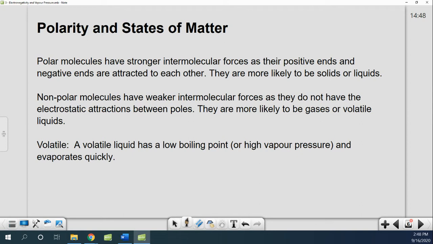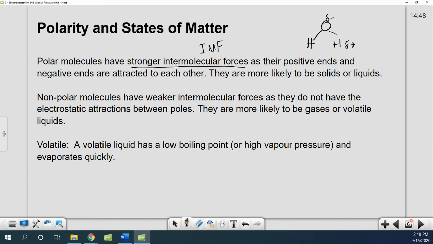So what does this have to do with states of matter, right? That's what we're talking about. Well, polar molecules have stronger IMF, stronger intermolecular forces, because their positive ends and their negative ends are attracted to each other, right? If I look at water, and this end is slightly negative, this end's slightly positive.